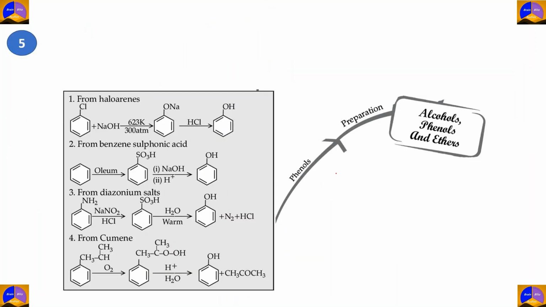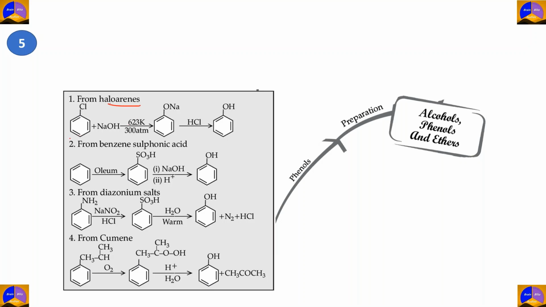Let's move on to the preparation of phenols. Phenols were isolated in the early 19th century, and now it's produced synthetically from many reactions. The first reaction is from haloarenes.